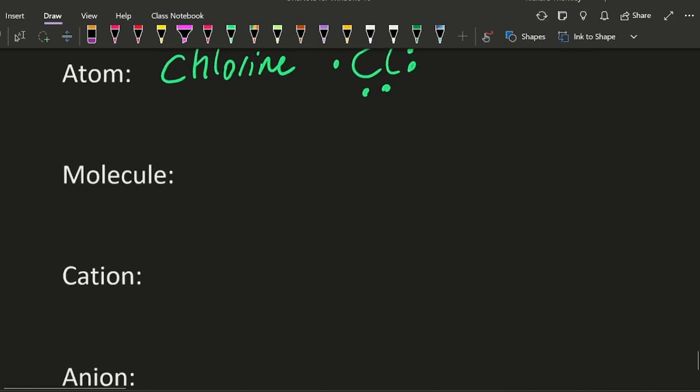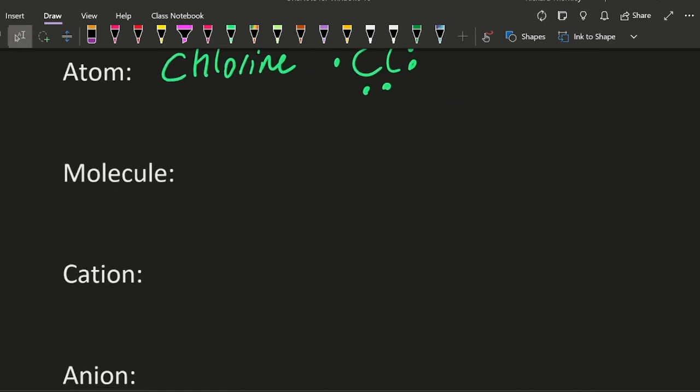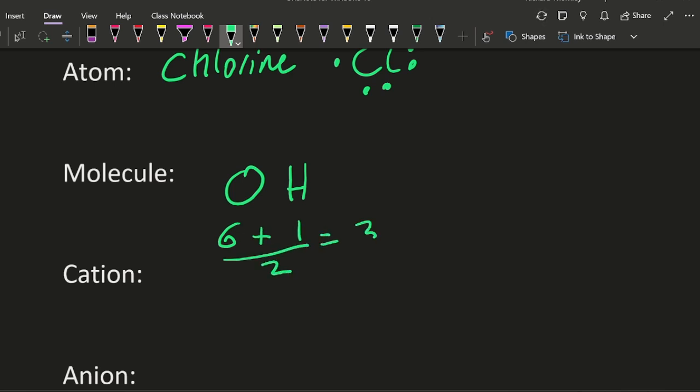Alrighty. For molecules, the classic one is the OH radical. So let's just work out the Lewis structure for that. 6 valence electrons for oxygen, 1 for hydrogen, divide by 2. That gives me 3.5 pairs of valence electrons. So 3.5 pairs. I'm going to put 1 here, 1 here, 1 here. That's 3. And then bop, there's the lone electron there. So that is called the hydroxyl radical.